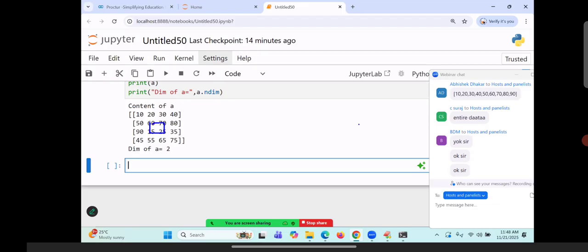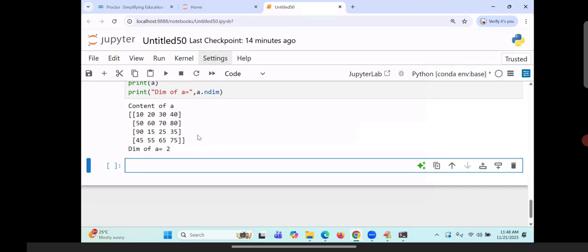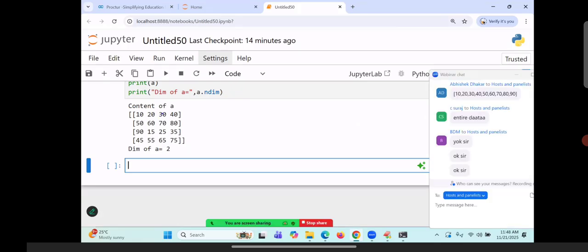I want these 30, 70, 80, 40 values. Next, I want first column values and second column values. 0th column and second column values I want. And alternative columns I want.